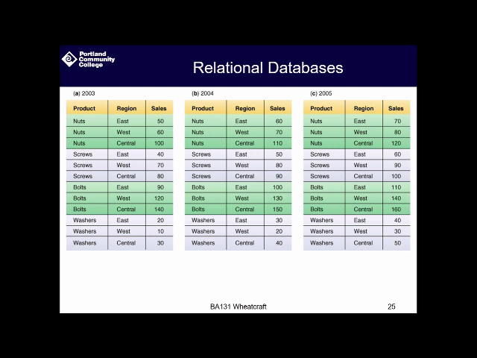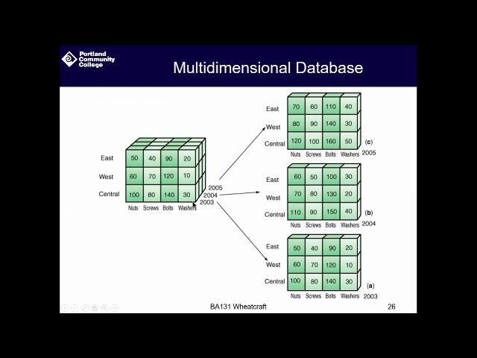And so with the relational database, you can see here we have the same information, but for the years 2003, 2004, 2005. The way you can think of this is like a three-dimensional view with the years, and we've got all the different information shown that way. And of course, multi-dimensional can be more than 3 dimensions. It can be a lot of dimensions.